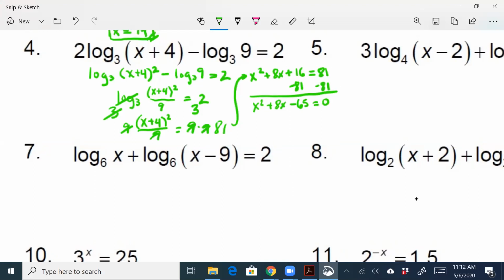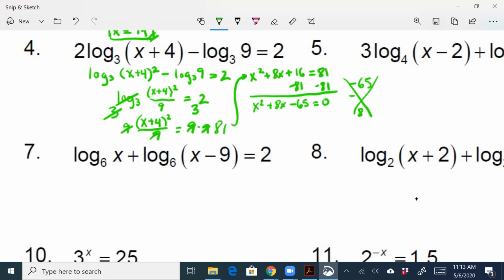So then we're looking for two numbers that multiply to give us negative 65 and combine to give us 8, the middle term. I can see that 65 is divisible by 5. When you divide 65 by 5, you get 13.